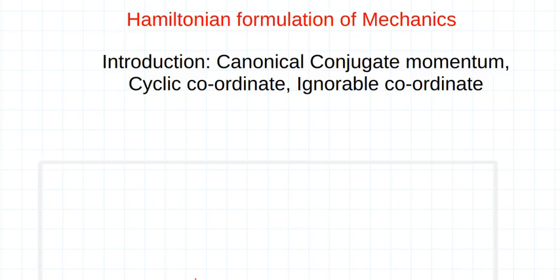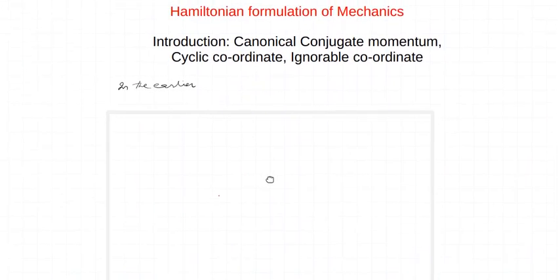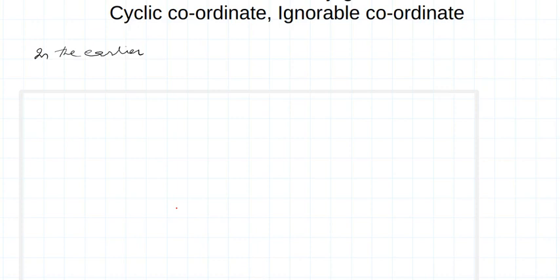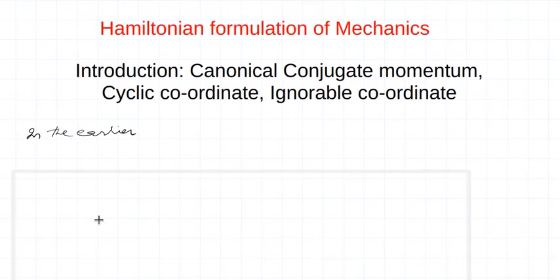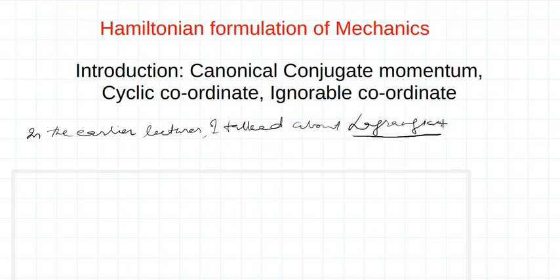So in the earlier lecture, I talked about the Lagrangian formulation in terms of generalized coordinates, but here I will discuss a new approach, and that new approach is known as the Hamiltonian approach.